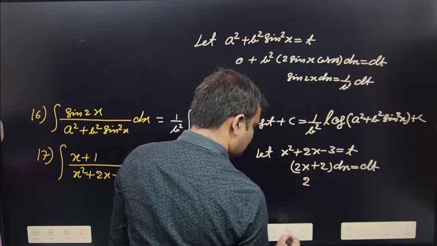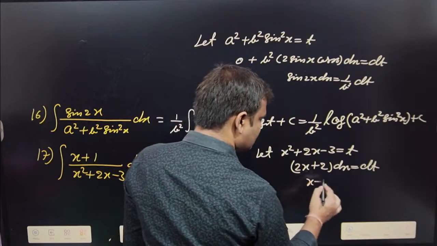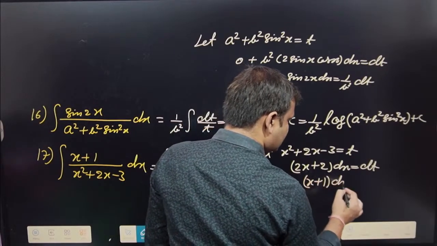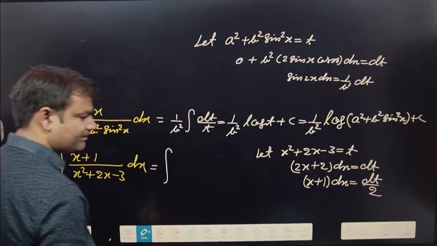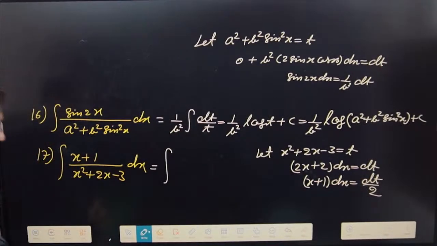So (x plus 1) into dx is replaced by dt by 2.